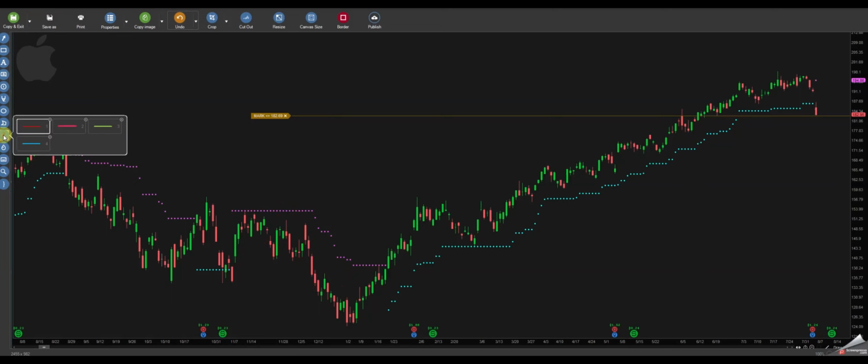And whenever price closes below this blue line, it initiates that short position. This is short. And it'll stay in this short mode until price breaks above it.